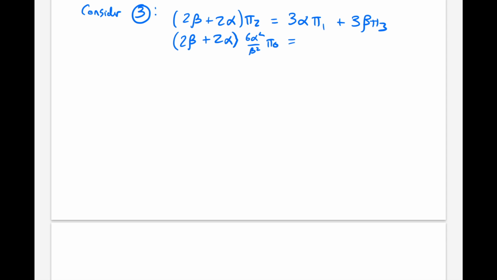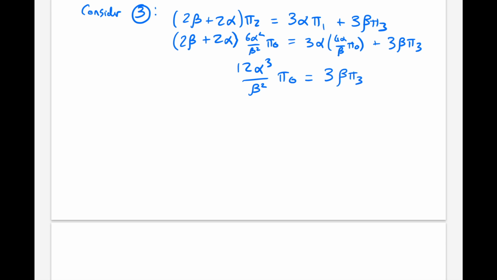That is equal to 3 times alpha times 4 alpha over beta pi 0 plus 3 beta pi 3. Simplifying this, we can get 12 alpha cubed over beta squared pi 0 is equal to 3 beta pi 3, and so pi 3 is equal to 4 alpha cubed over beta cubed pi 0.